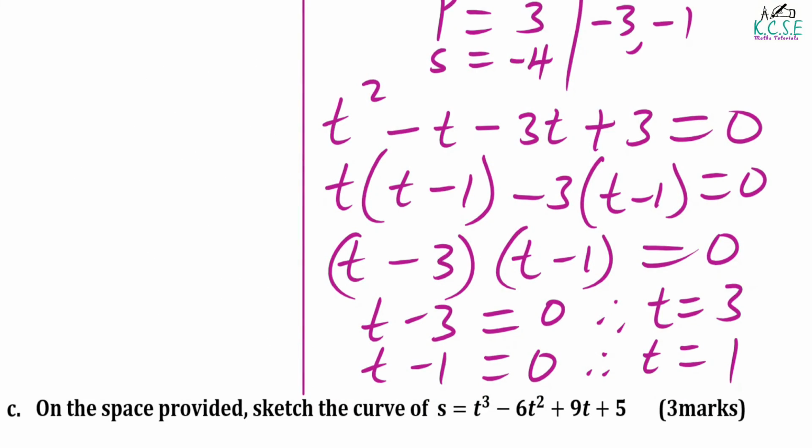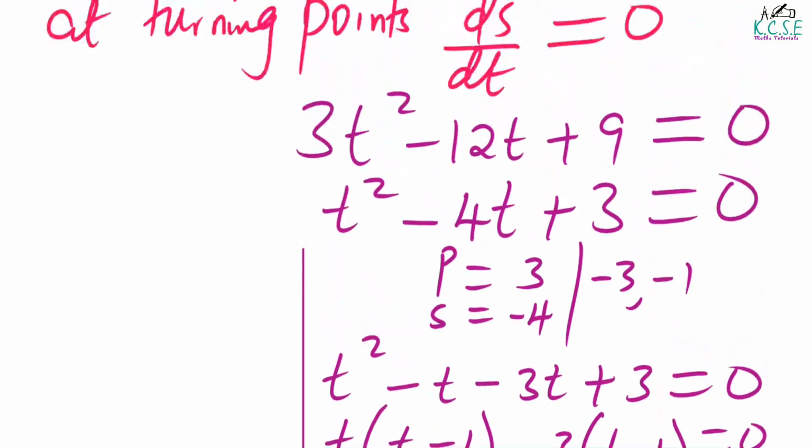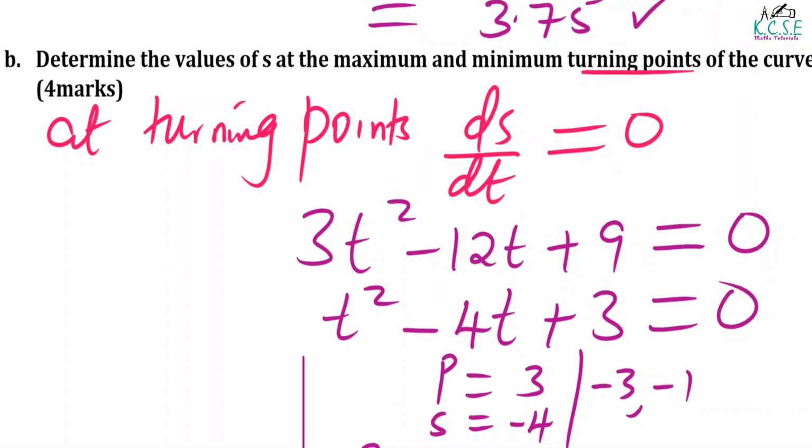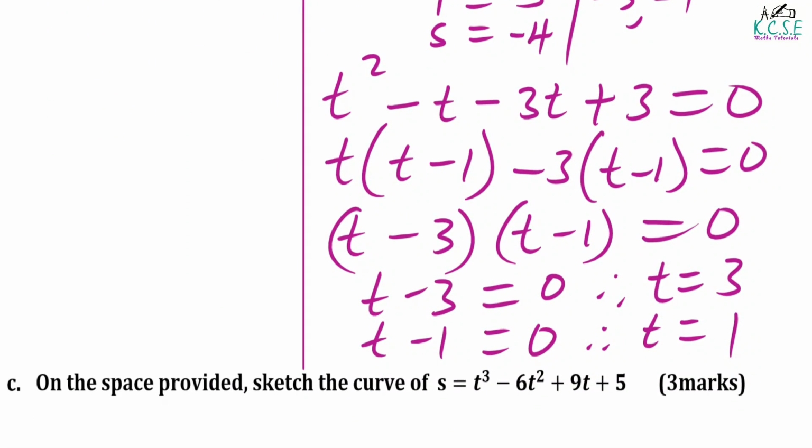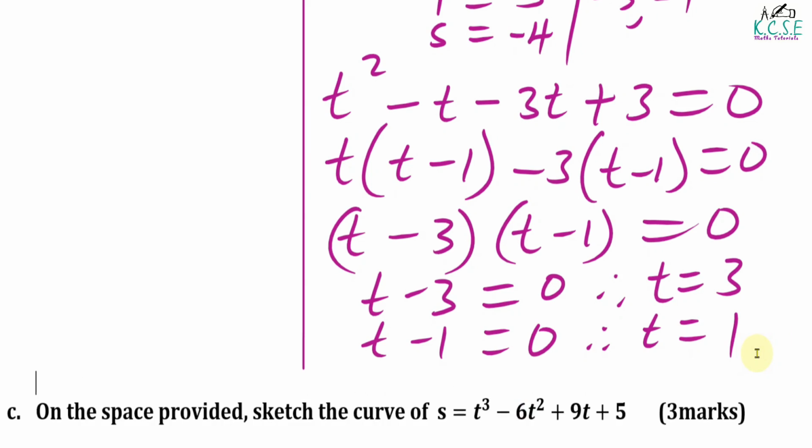So we've got the values of t as 1 second and 3 seconds. Now we need to go ahead and get the values of s. We have not finished. We get the values of s. So let me create more space here.